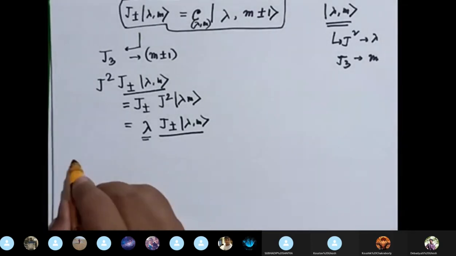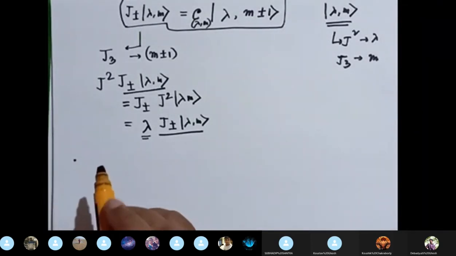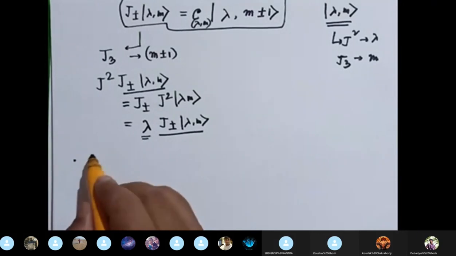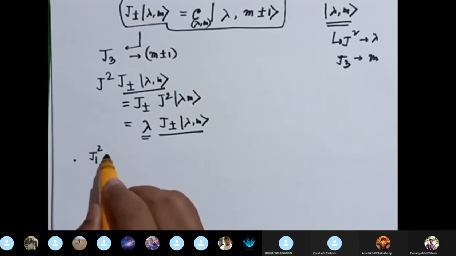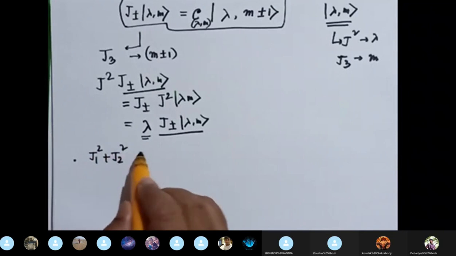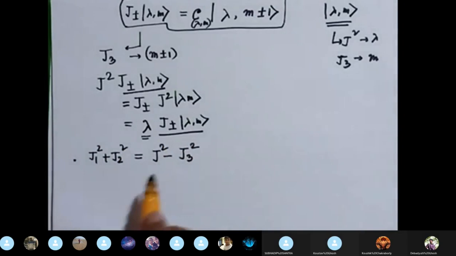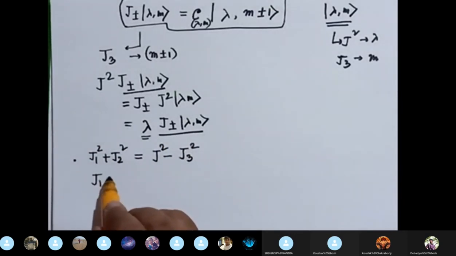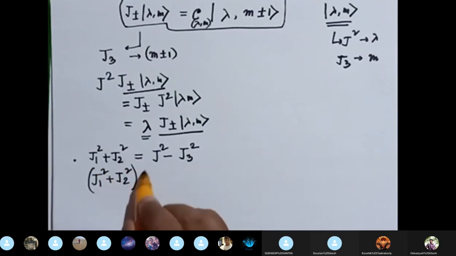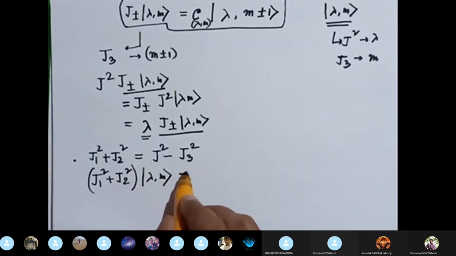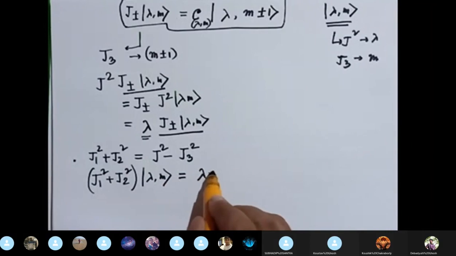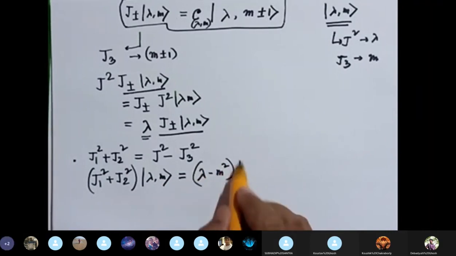Now we see that J1 square plus J2 square is equal to J square minus J3 square, because all of the sum is J square. Therefore, if you apply J1 square plus J2 square on lambda m, on this side you will get lambda minus m square into lambda m.